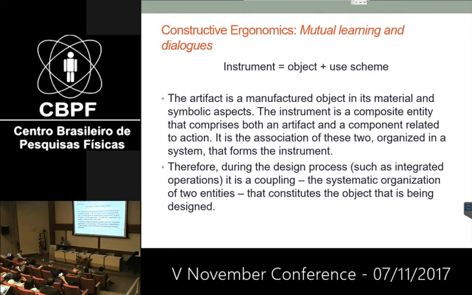It is this association of the two that allows writing. Therefore, in a design process, such as an integrated operation center, it is a coupling, the systematic organization of two entities that constitute the object that is being designed.